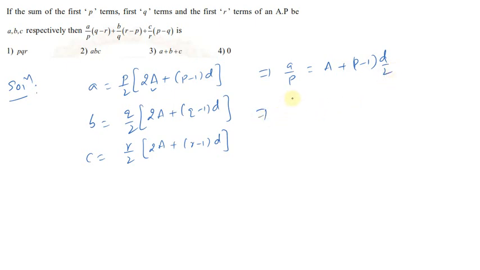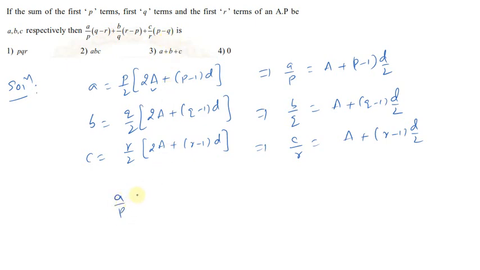From this you can calculate B by q, which is equal to a plus q minus 1 into d by 2, and C by r, which is equal to a plus r minus 1 into d by 2. Bringing this r this side, 1 by 2 into 2a plus r minus 1 into d, open this bracket. Now you have to calculate A by p into q minus r, B by q into r minus p, plus C by r into p minus q.